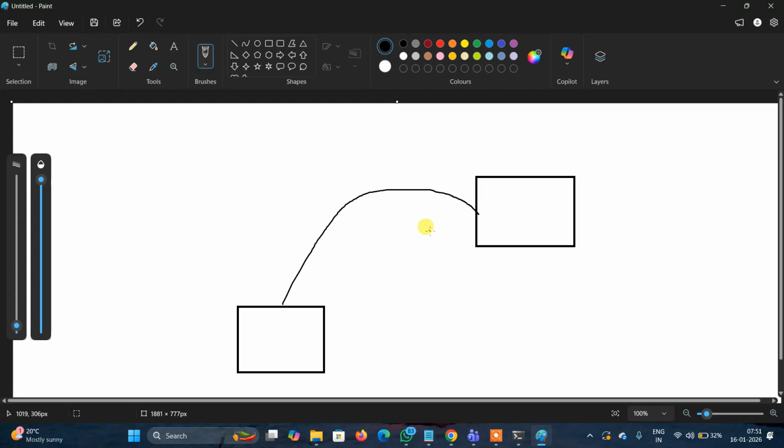Suppose I want to communicate from my laptop to EC2. It has to be connected with internet here. Without internet, I cannot communicate with this device, which is nothing but EC2. It won't be possible.